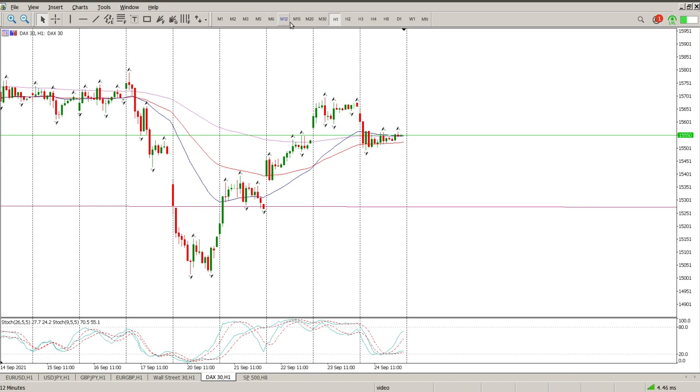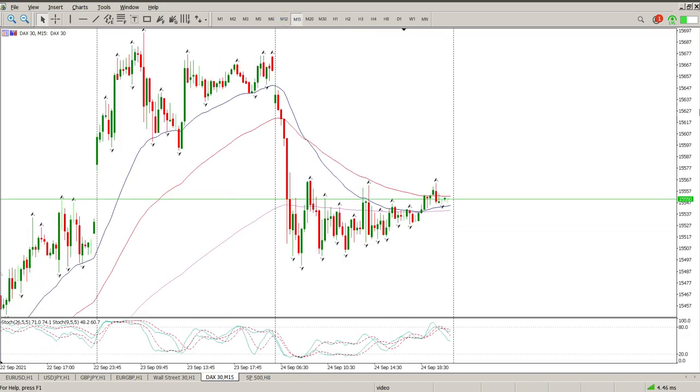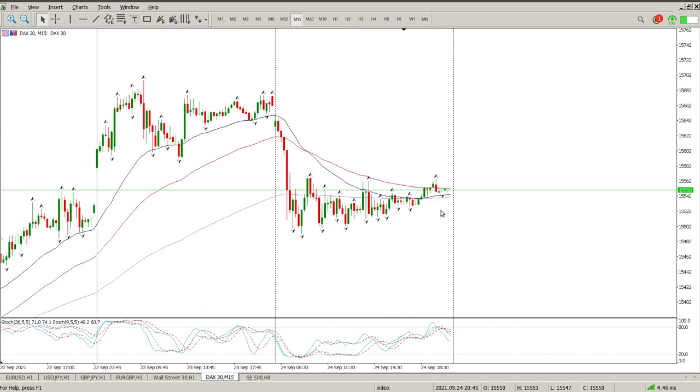You'll probably find structure by doing 15 minutes. That is a clear bit of structure there. So there is a bit of a triangle. There's merit for a flat top triangle setup here.